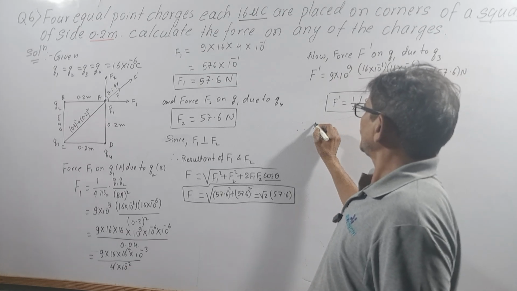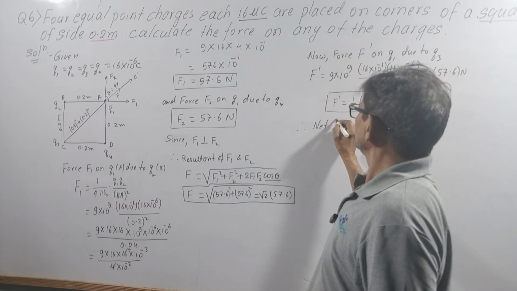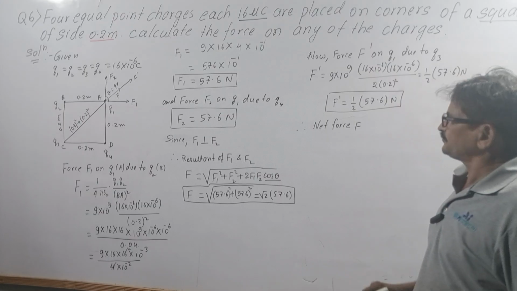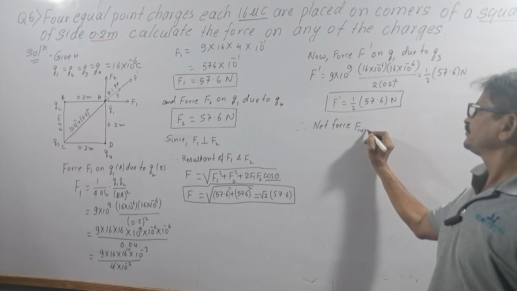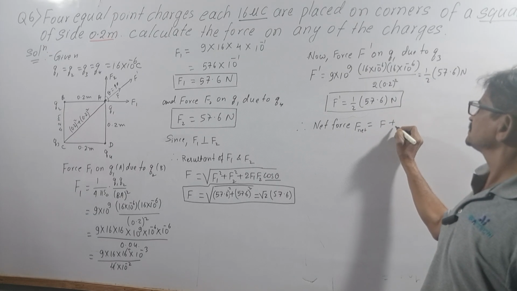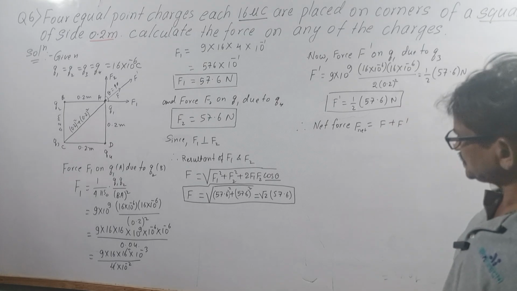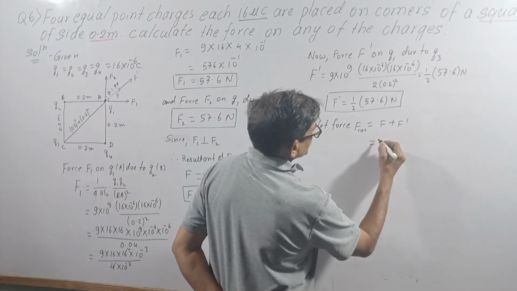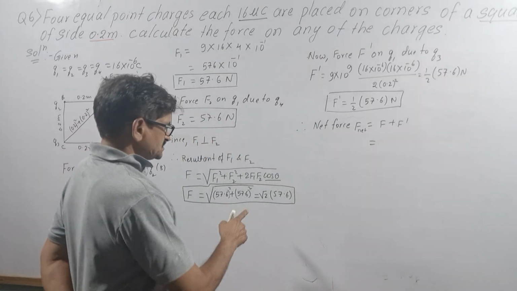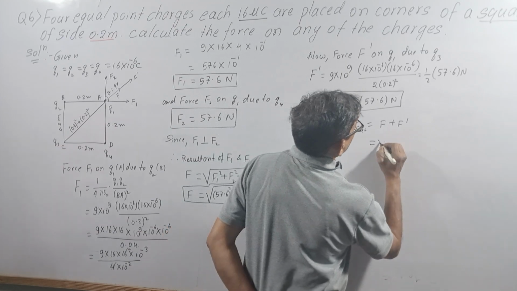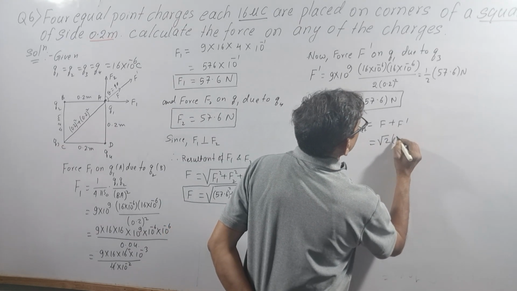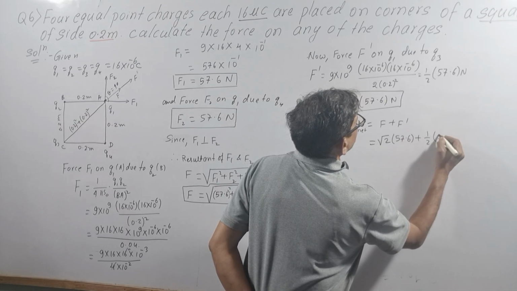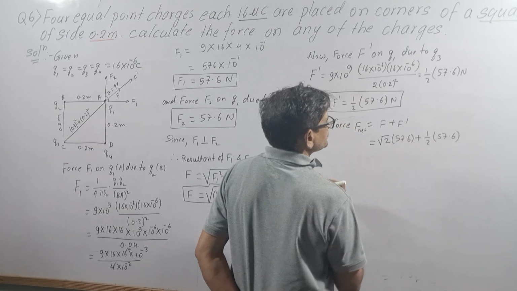Therefore the net force, write net F, equal to F plus F dash. That is equal to what? F is this one, root 2 into 57.6 plus half into 57.6, that is the F dash value.